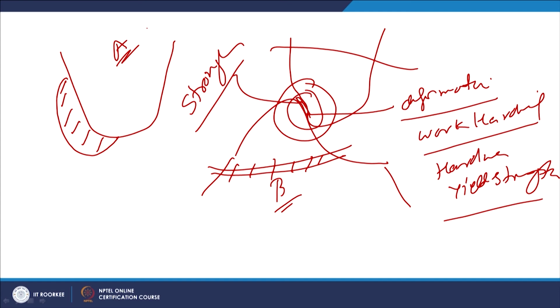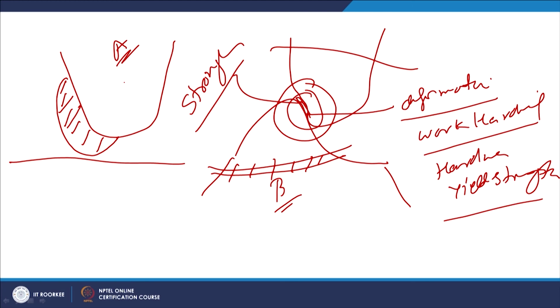This is what happens initially. A small lump of metal will remain attached with the A side, and likewise there may be a number of such small pieces or lumps of metal remaining attached with component A or component B as per their strength.